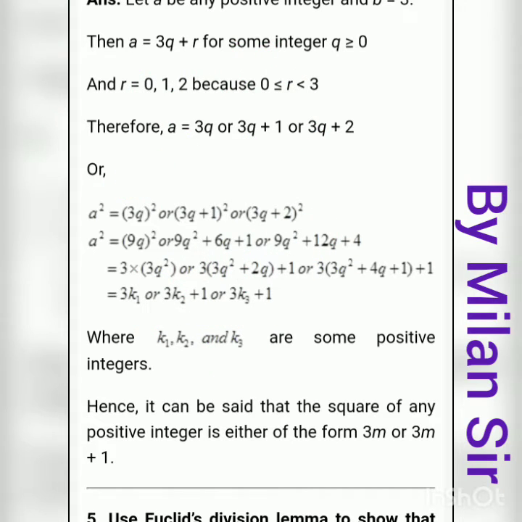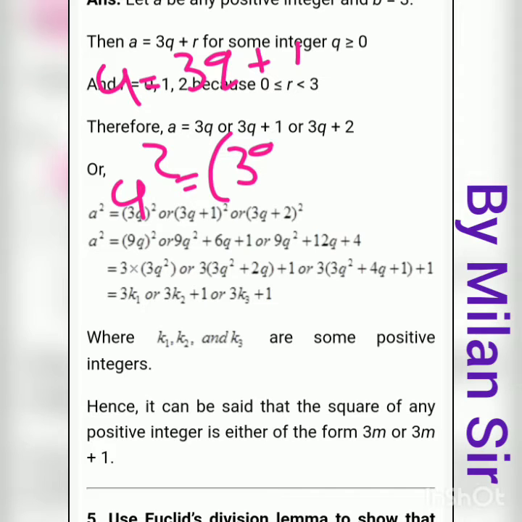Now the second possibility, a is equal to 3q plus 1. Here we need to take the square of both sides, so a square is equal to (3q plus 1) all square. Here we need to use the identity (a plus b) all square.